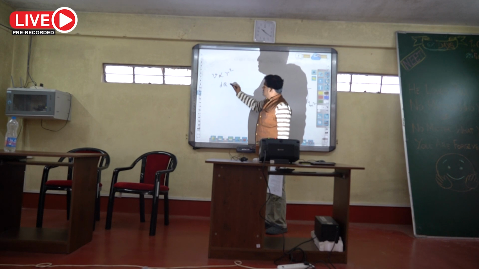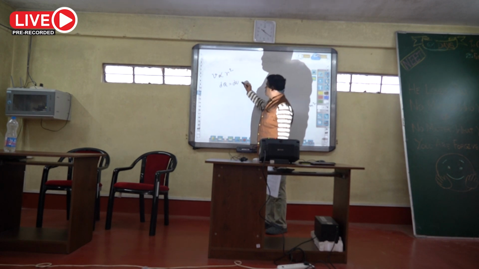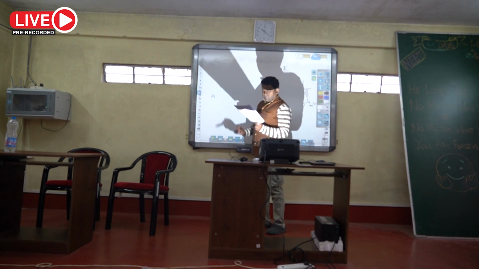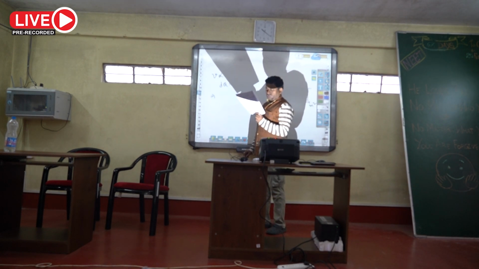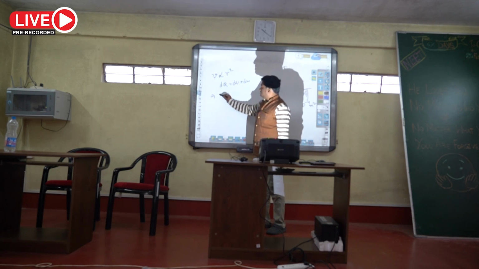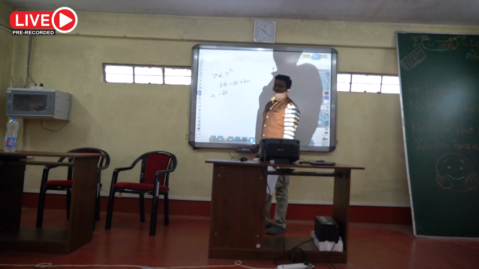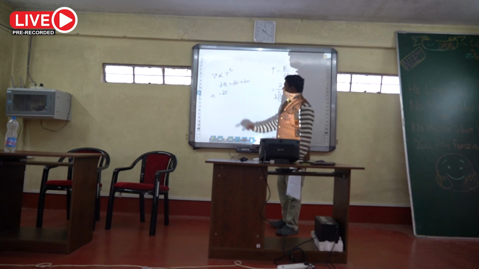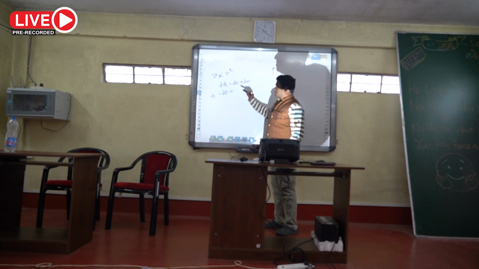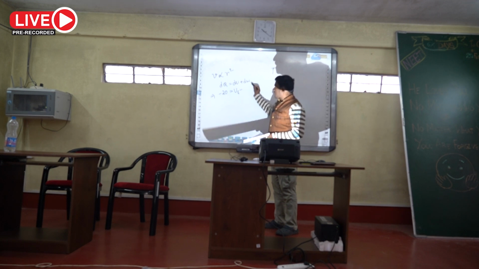dQ equals dU plus dW. Now this dQ is given 20 joule, that is minus 20, since heat is coming out of the system. dU is final UF minus UI.